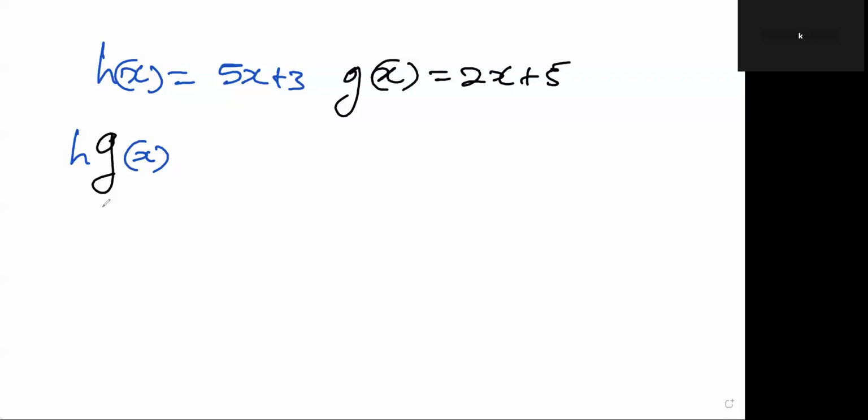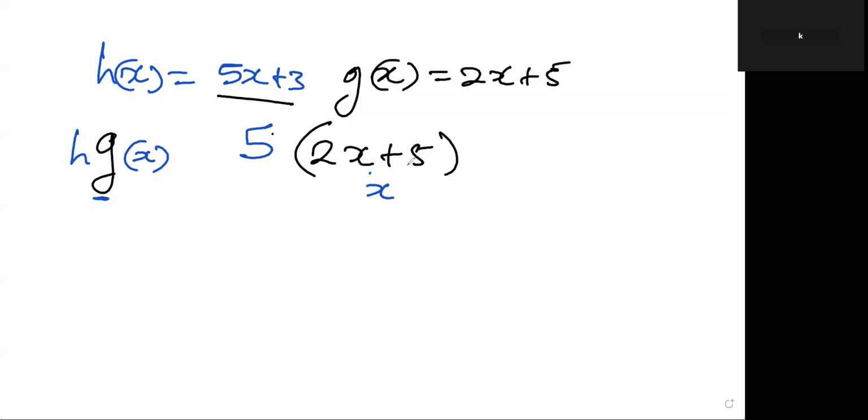So the last function, hg. So g is the last function in this case. So we are going to write back all of g. Now g says 2x plus 5. I'll put that in bracket. We're going to write back h now. Now h says 5x plus 3, but guess what? This is already x. The whole thing is x. So we're just going to put back 5x plus 3.